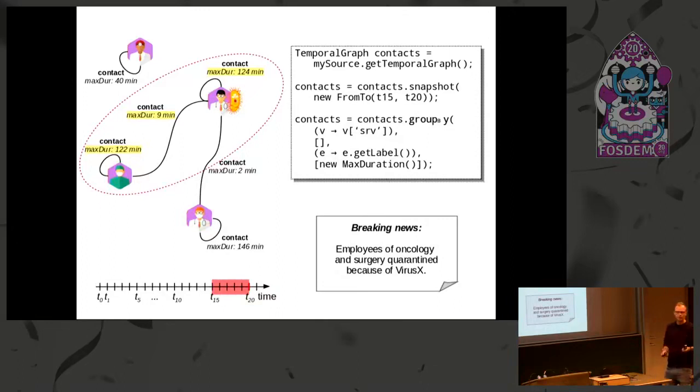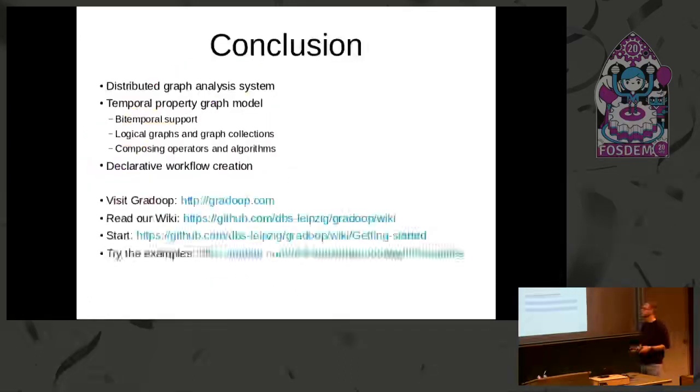I know this is a very simple example, but you see you can glue our operators together to build this analytical workflow. And now we can put the result in a DOT file sink where you can look at this graph with GraphViz, or put it in a CSV back to an HDFS, or back to Accumulo, back to HBase, and so on. So this is only a short example.